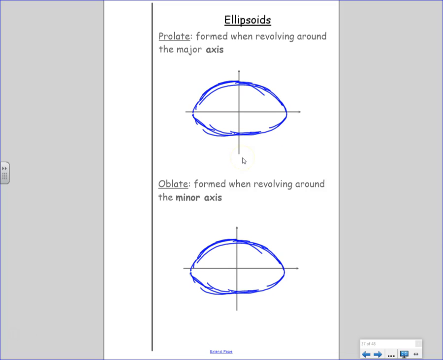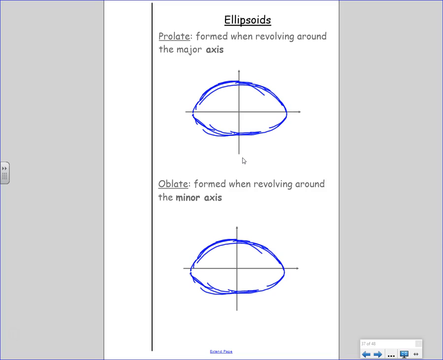Okay, so we have an ellipse. Major axis is horizontal, right? Yeah. We have two different types of ellipsoids because we can rotate ellipses around two different special axes. Parabolas really only have the axis of symmetry that's special.